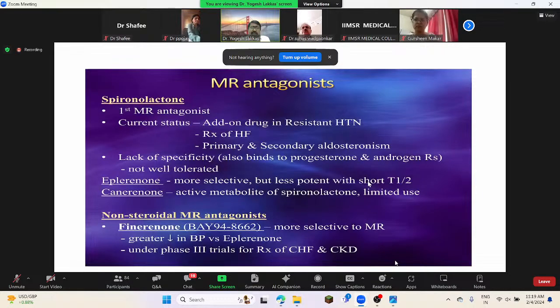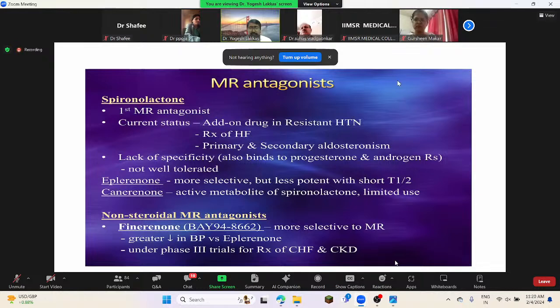What we have with the aldosterone receptor antagonist is spironolactone, but it lacks specificity. It also binds progesterone and androgens. That's why it has the side effects. But relatively, as I experience with this molecule, it is definitely relatively safe. We do not get routine side effects. You can use it, and we are combining it with loop diuretics, like spironolactone we have available.